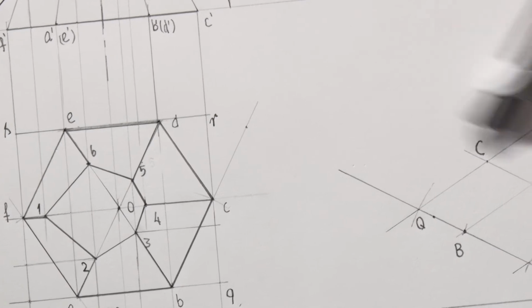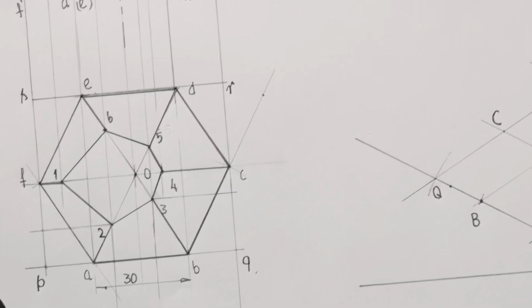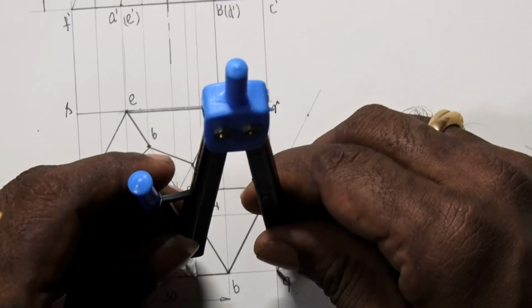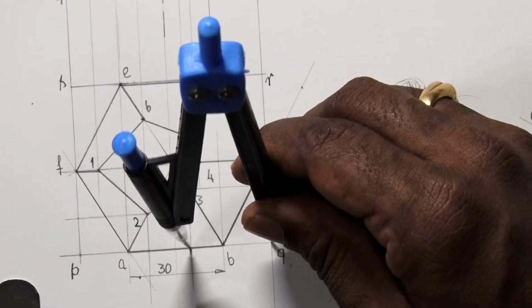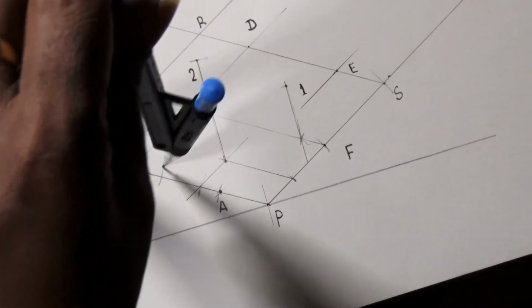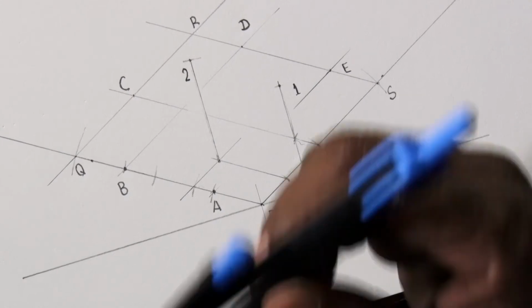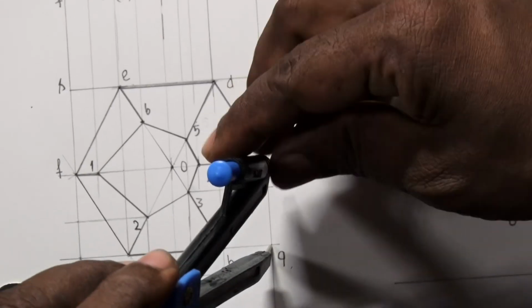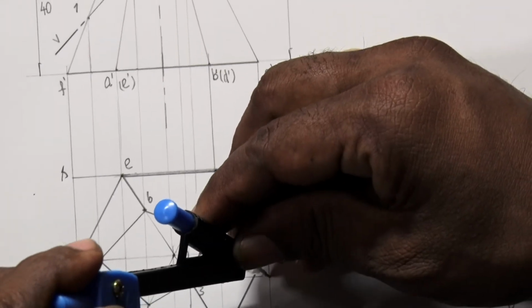So what we take, from Q, we locate this distance towards P. From Q towards P, the distance is located. Afterwards, from Q towards R, the distance is located.